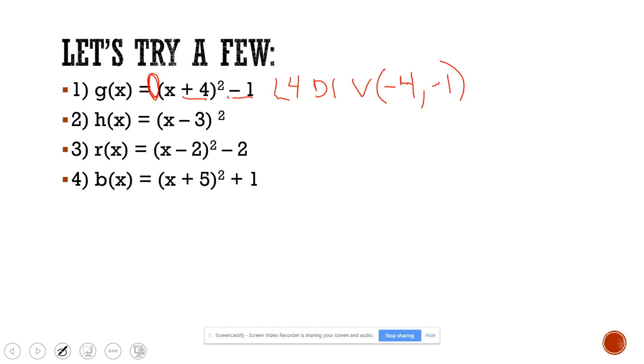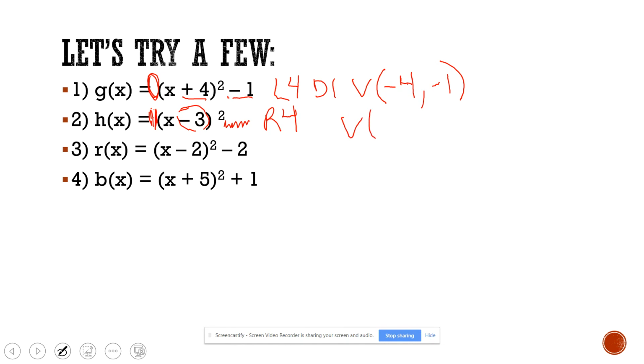Number 2. Again, nothing here in front of the parenthesis. In here, the parentheses say minus 3, so that means we went right 4. And then we have nothing added or subtracted on the outside. So we did not go up or down anywhere.